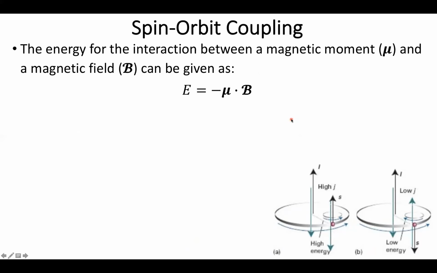So in this case, we're going to be treating our energy of interaction as the interaction between a magnetic moment, mu, which is essentially the magnetic field of the object we care about, in this case the electron, and the magnetic field that it's moving around in, B. And so the total energy can be given as negative mu dot product B, because guess what?